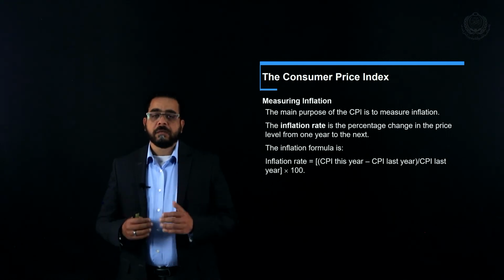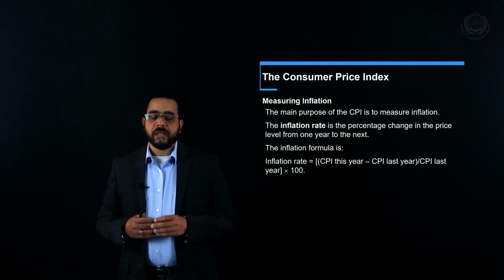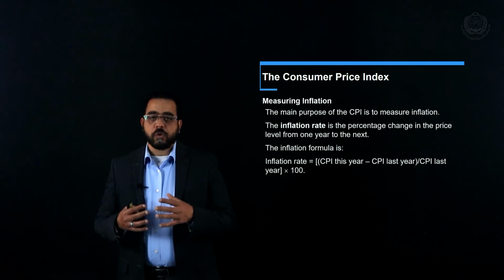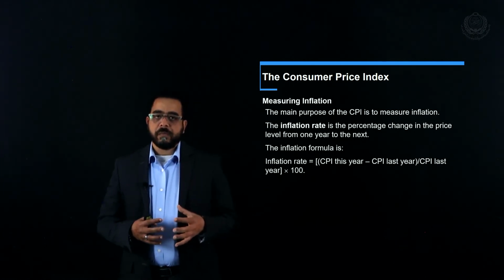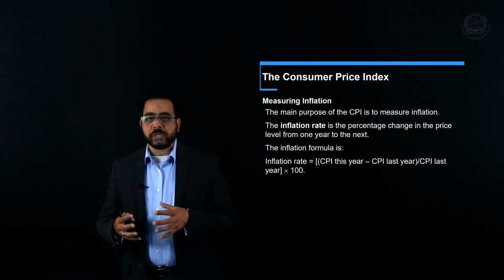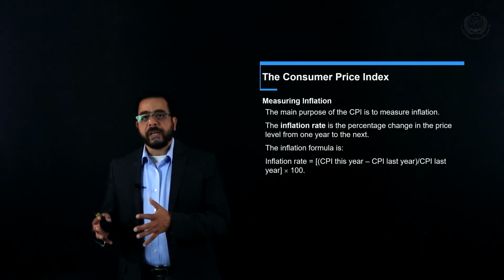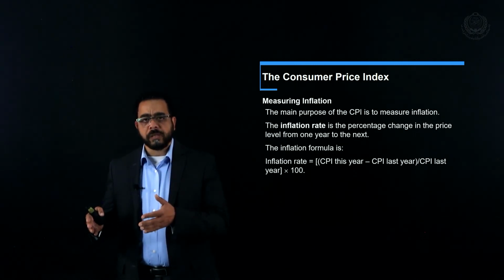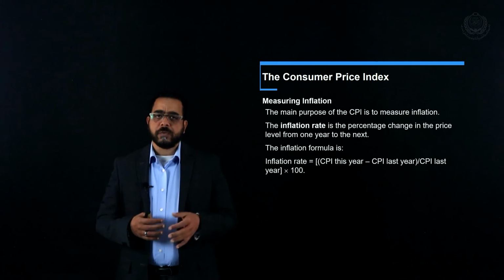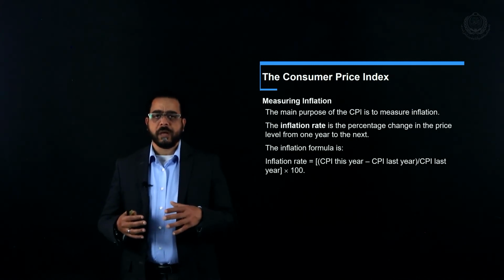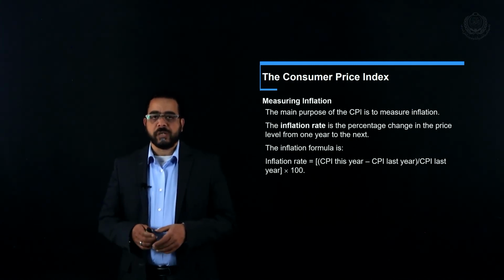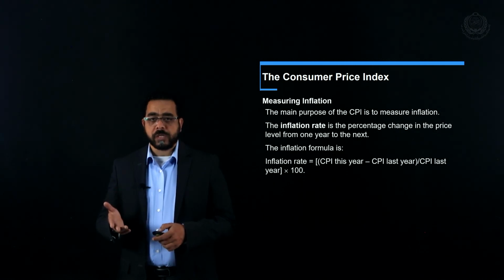Then we conduct a survey in order to figure out the cost of the basket in the current period and the base period. Use the CPI formula, CPI in the current period over CPI in the base period times 100. The change in the value of CPI from one period to another is the inflation rate. We are done with this unit and we are ready to move on to talk about more details of CPI.